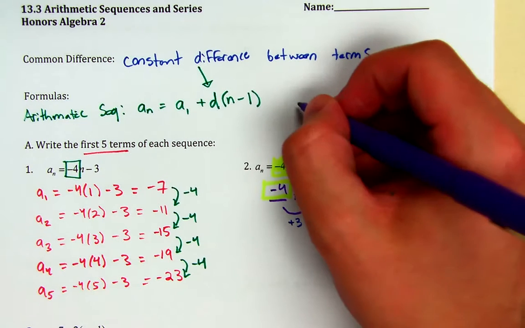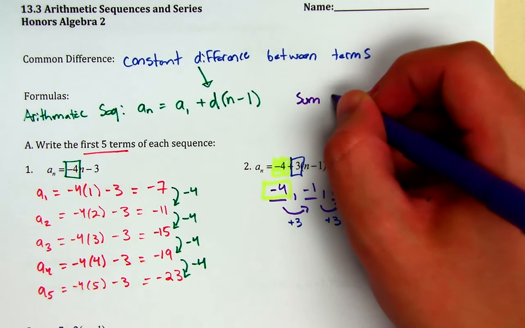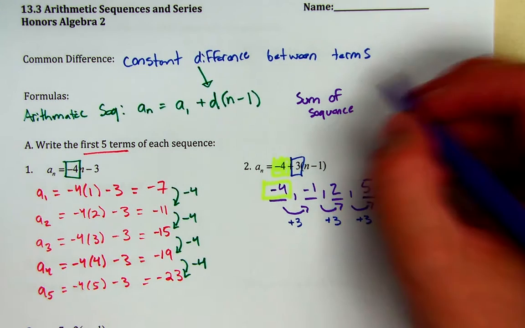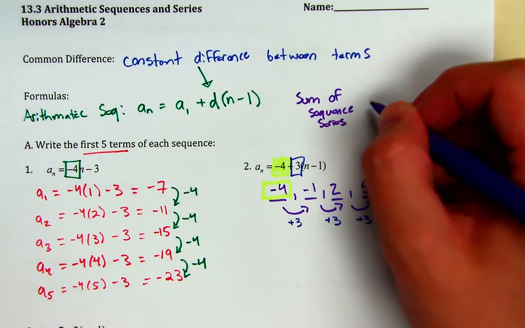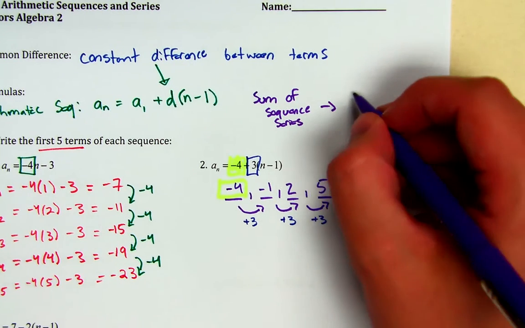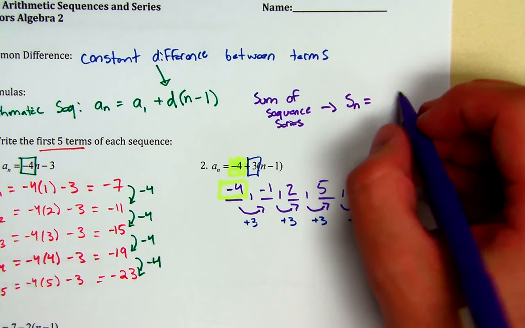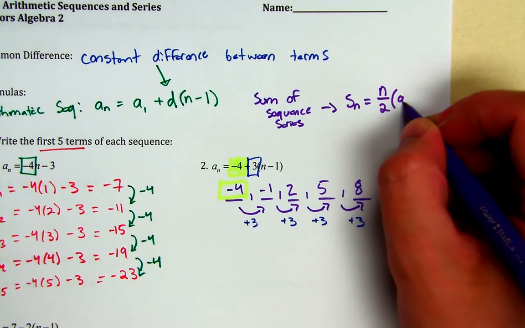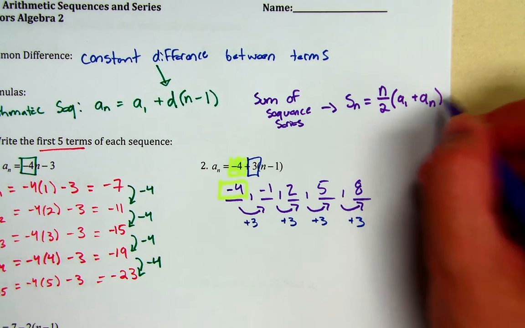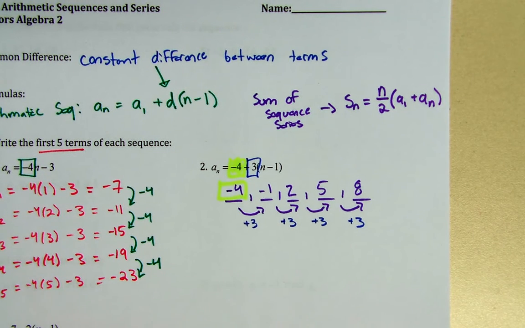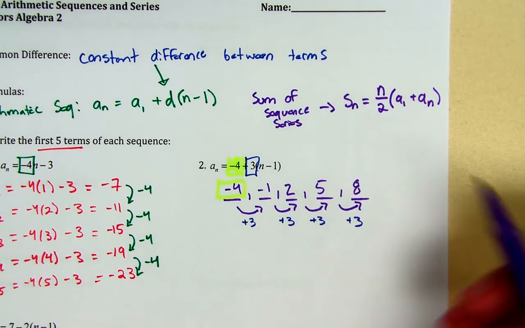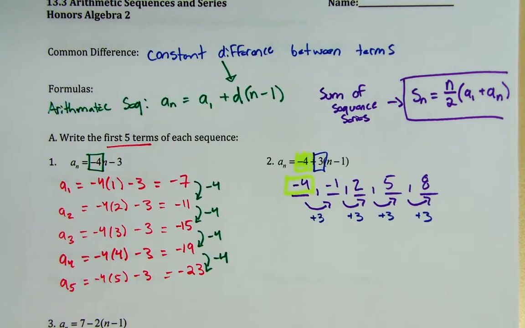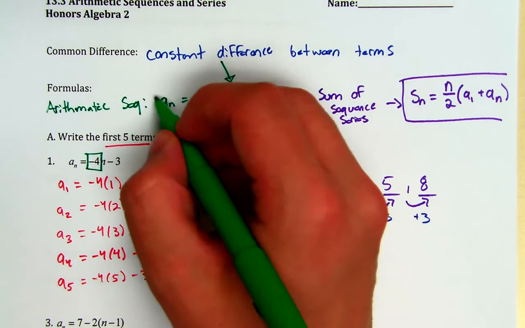The sum of a sequence, which really becomes a series if you're adding, is the formula Sn equals n divided by 2 times the first term plus the nth term, the last term. You may have done this before where you added together the numbers 1 to 100. You can try that on your own and figure out what it is.